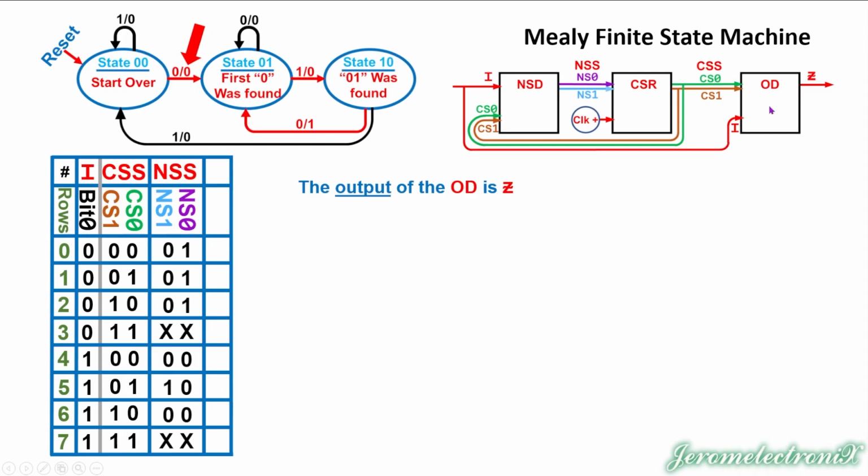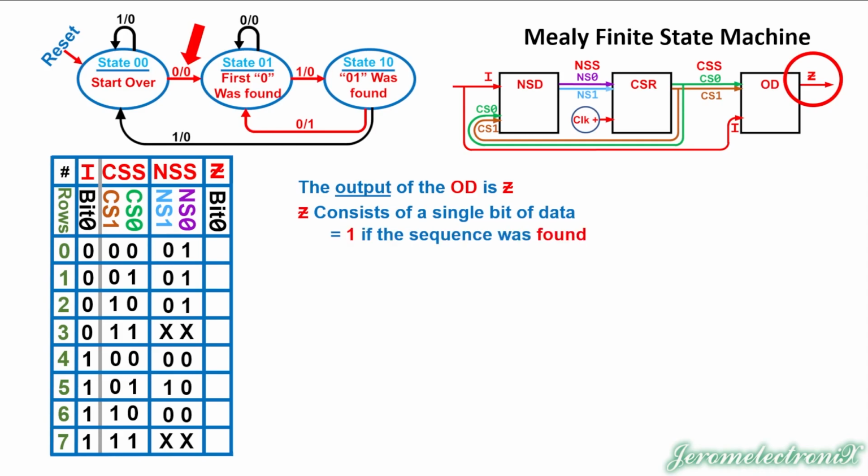Okay, so we're going to figure that out. To figure out what Z is, it consists of a single bit of data right there. So Z will be a single bit, 1 if we've successfully found the sequence, and 0 if we have not.